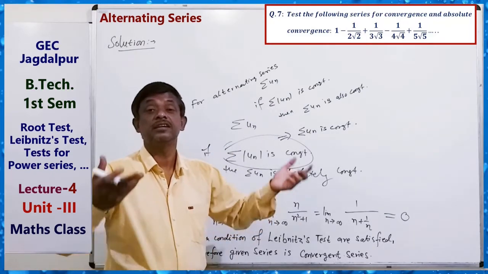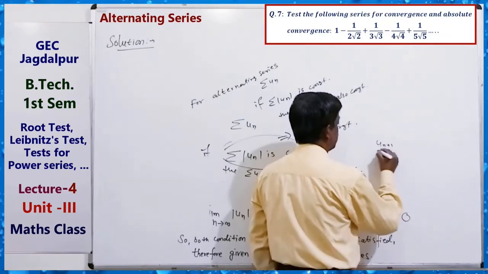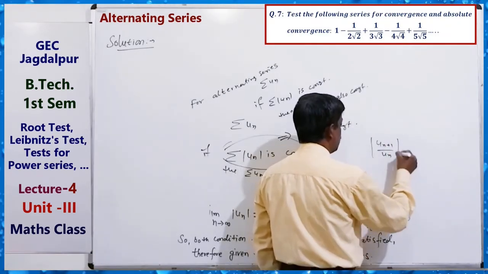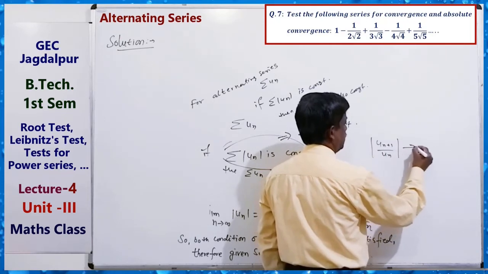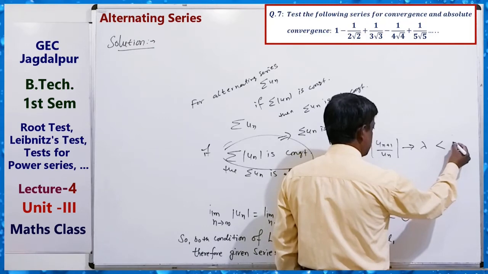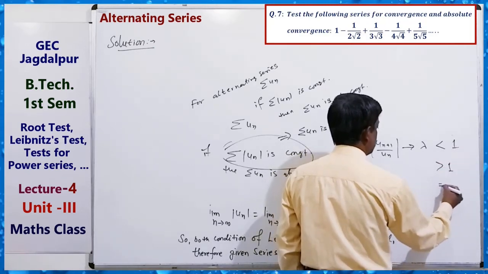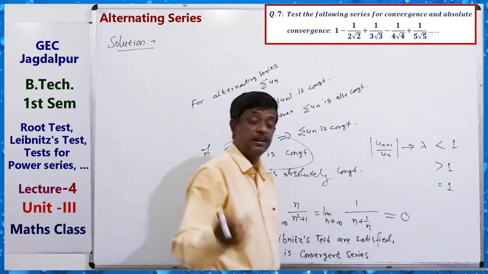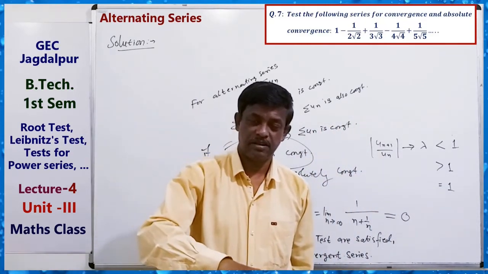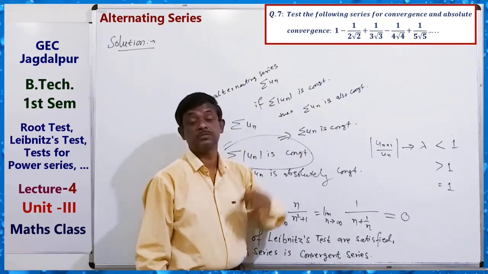So for an alternating series, how can we define the ratio test? Un plus 1 upon un modulus tending to less than 1, greater than 1 and equal to 1. We redefine the ratio test for this, because with the modulus sign this is a positive term series.